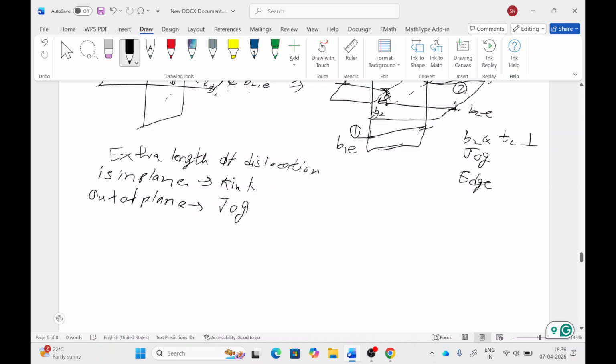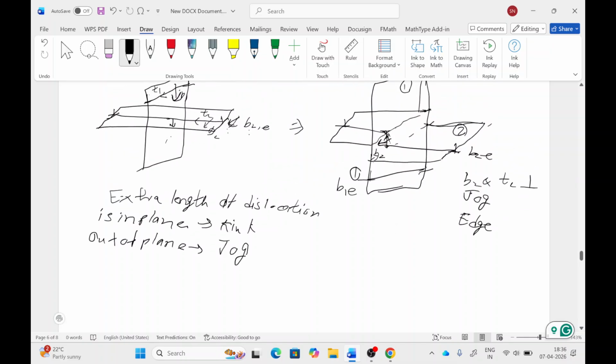Here it is out of the primary plane, and the Burgers vector and line vector are perpendicular, so we have created a jog with edge character. Both kink and jog can have both edge and screw character.